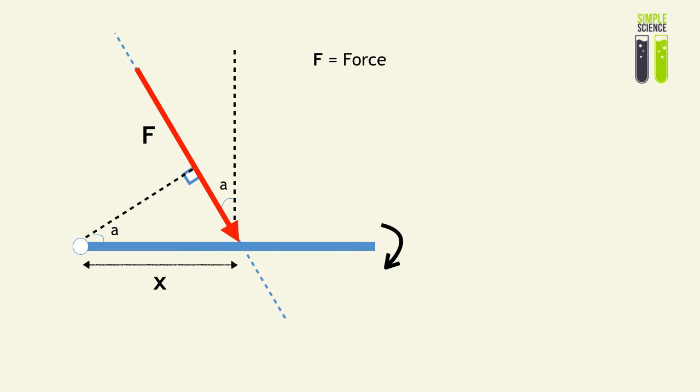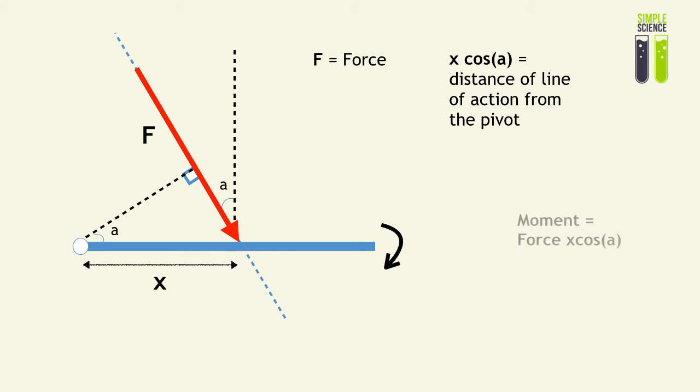And through basic trigonometry, we can see that the angle is also A, and we can therefore derive that the distance is x cos A. So that distance is the distance of the line of action from the pivot, and therefore the moment of the force at an angle is F x cos A, where A is the angle of the force from the vertical.